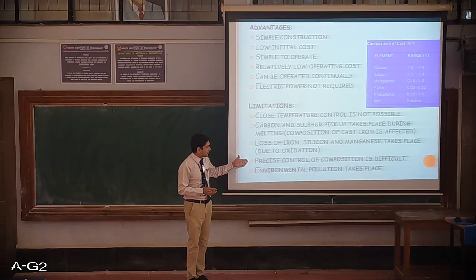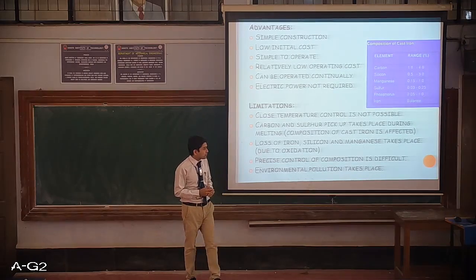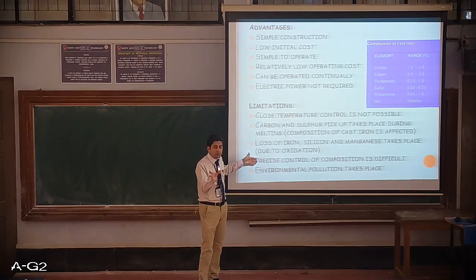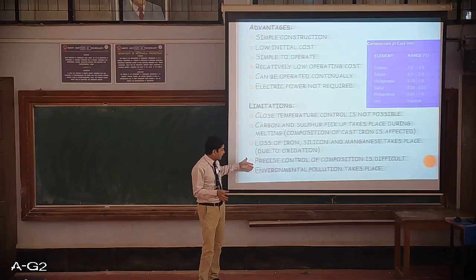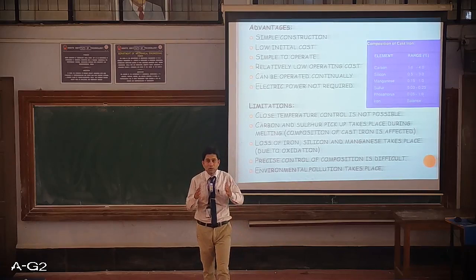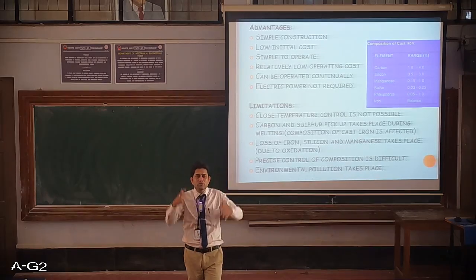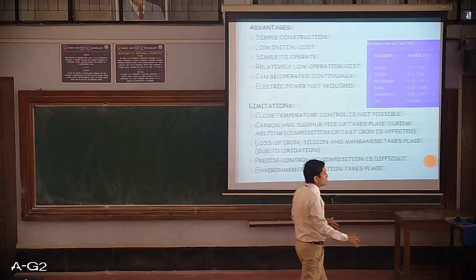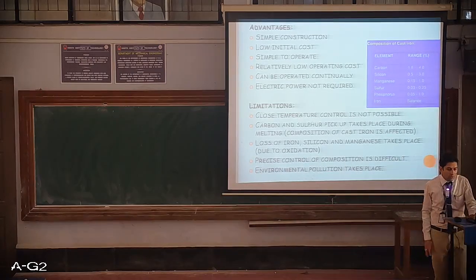So this is a limitation, and precise control of composition is difficult. Because of these two reasons, the composition of the final casting will not be what you had expected, and even environmental pollution takes place. If you have a cupola furnace, you will see that an enormous amount of smoke comes out of that furnace, which leads to environmental pollution. So these are the limitations of the cupola furnace.